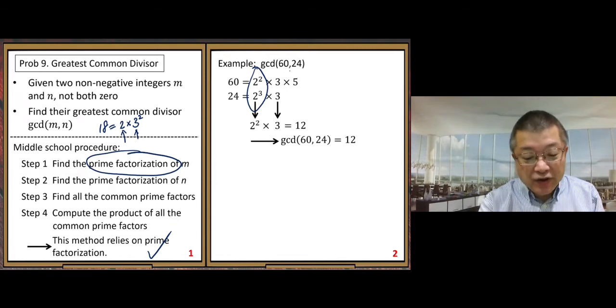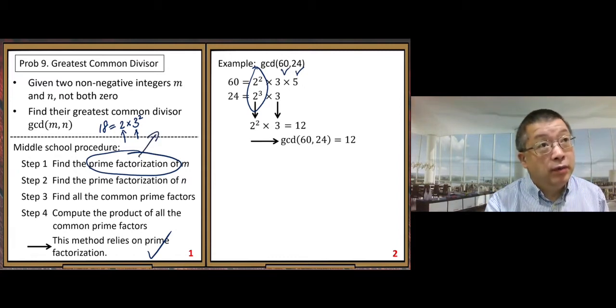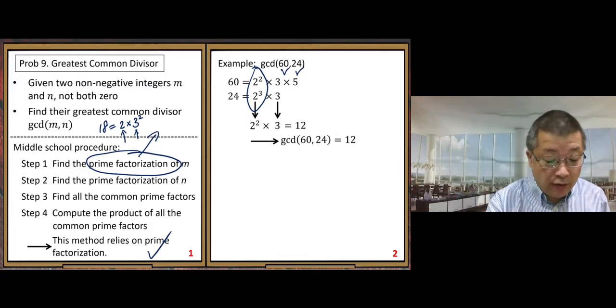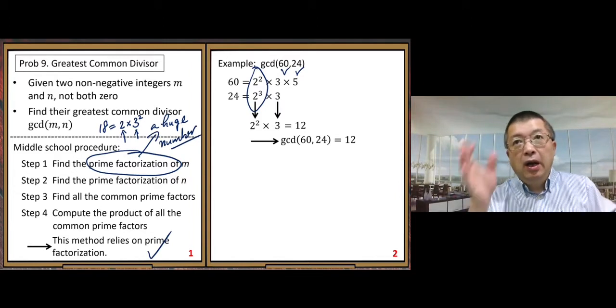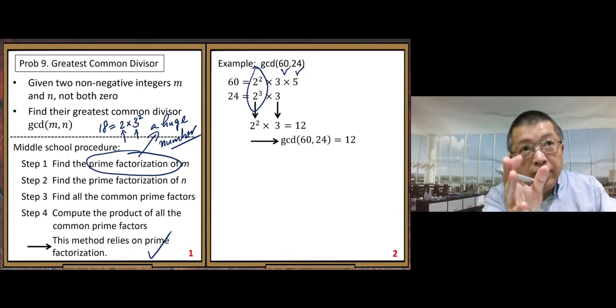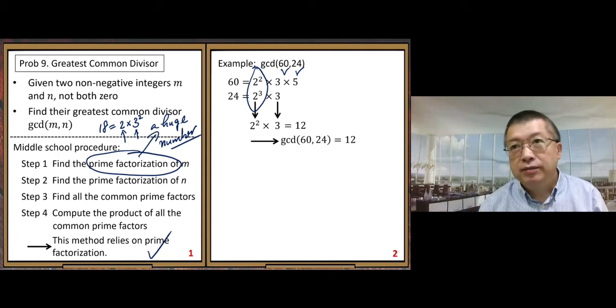For 60 and 24, that's easy, right? But for a large number, is it still easy? For a huge number? Can you imagine a huge number? I can talk about an integer with 1,000 digits.